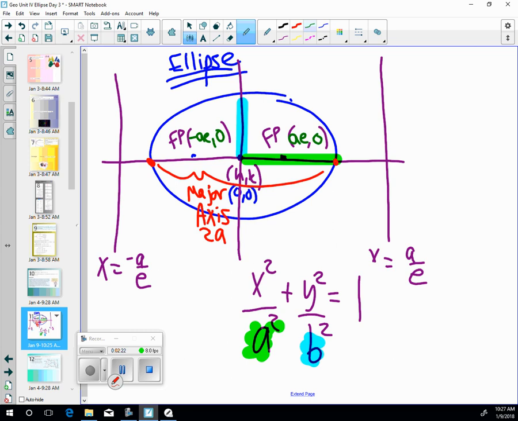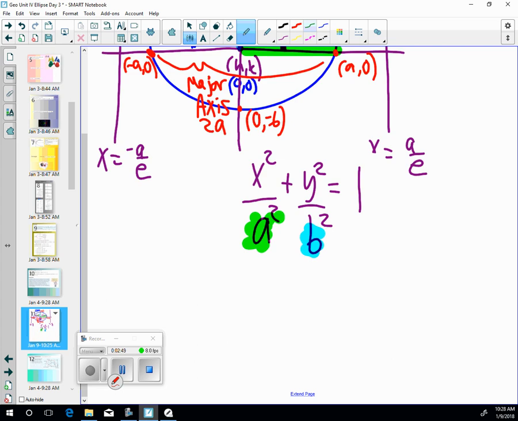This is the vertex, and this is the vertex. Yep. And then this distance up here is going to be, this point is 0B. This is 0, negative B. You could call this A0 and negative A0 for the vertices. So those are the vertices. All that work I did yesterday was to get this formula.